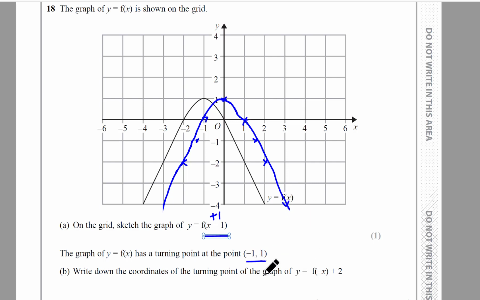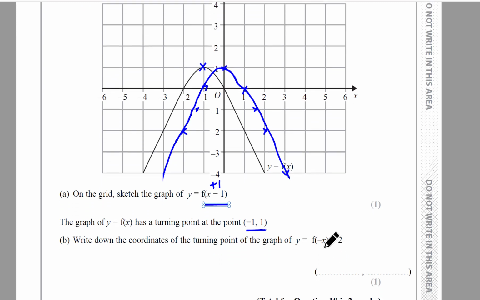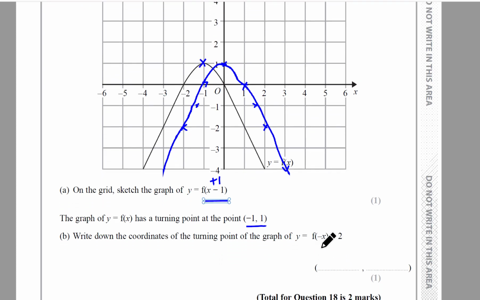So this is a turning point, which is here, minus 1, 1. Write down the coordinates of the turning point of minus f of x plus 2. So if this is inside the bracket, it affects the x coordinate, and it's a reflection, so that means the x coordinate changes.